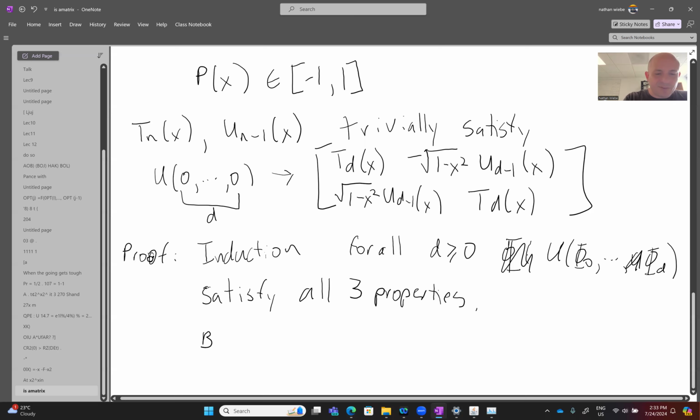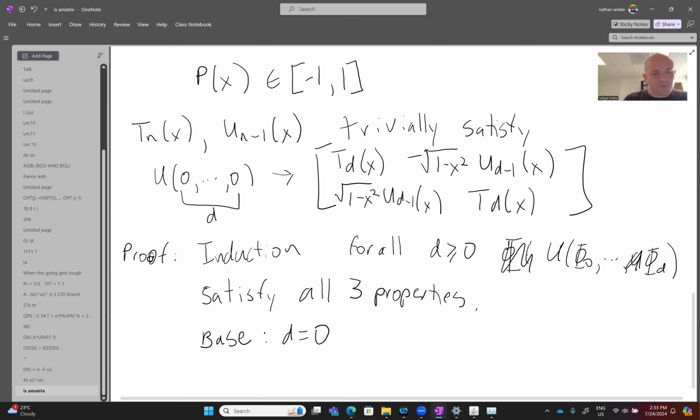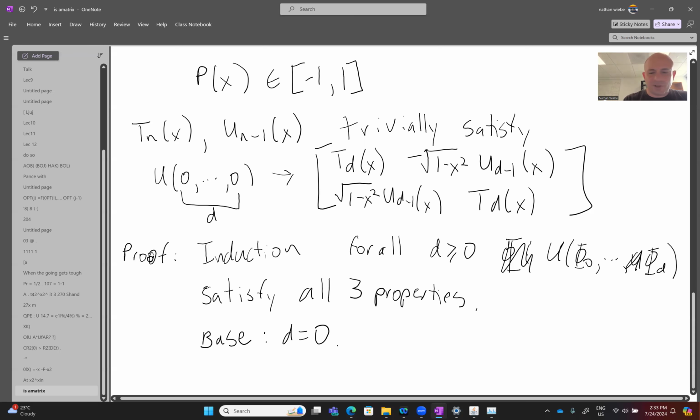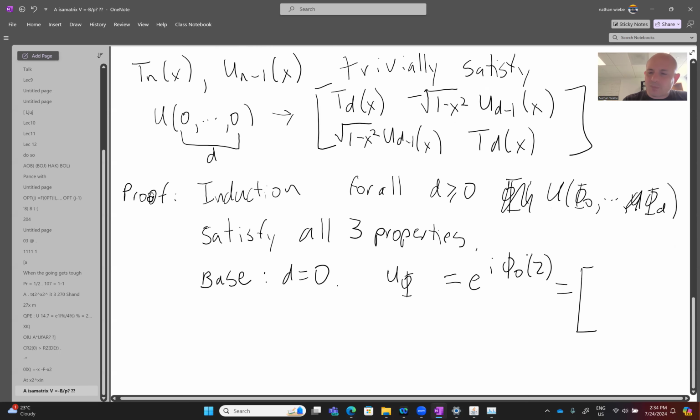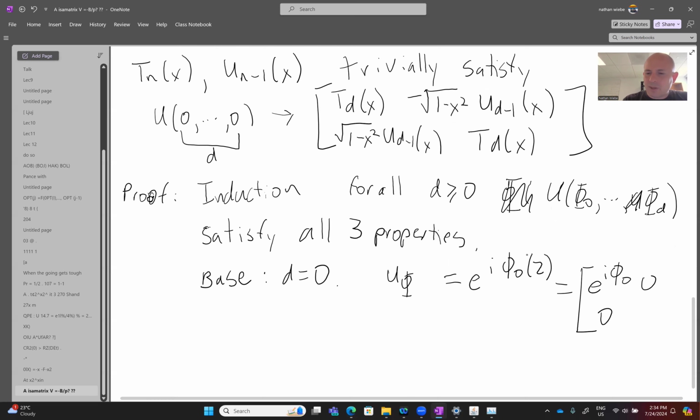Now, the base case that we would like to demonstrate for the forward direction of the proof is the d equals 0 case. So what ends up happening with the d equals 0 case? Well, in this case, our U_phi is actually just simply going to be e to the i phi 0 times Z, which as a matrix is of the form diag of e to the i phi 0, e to the minus i phi 0.